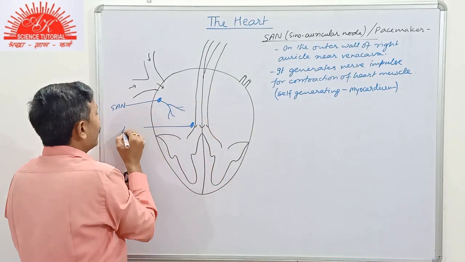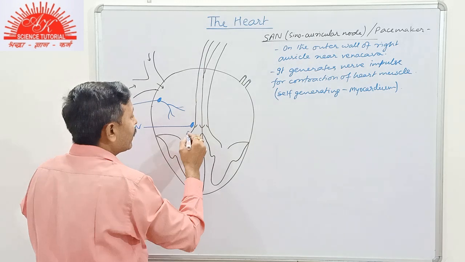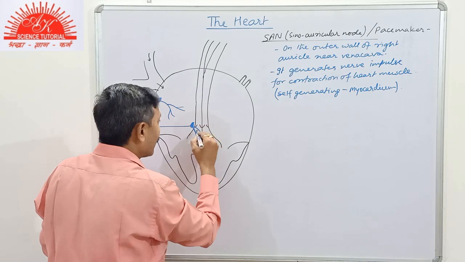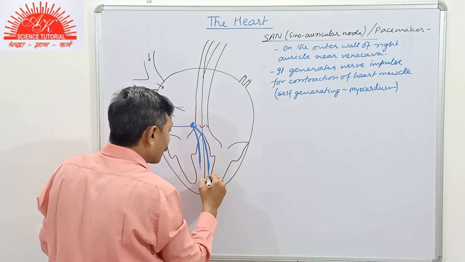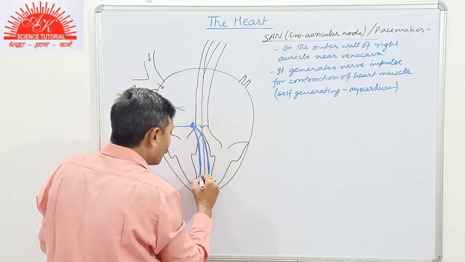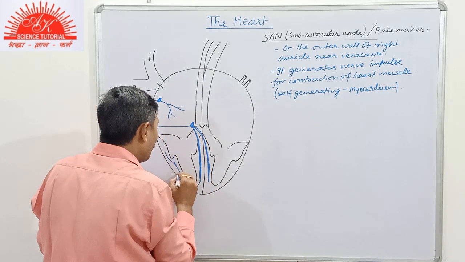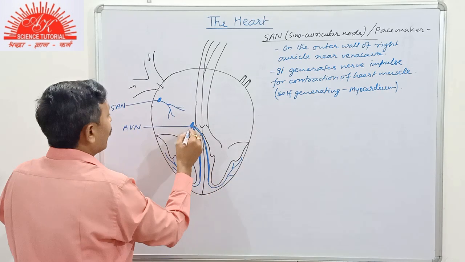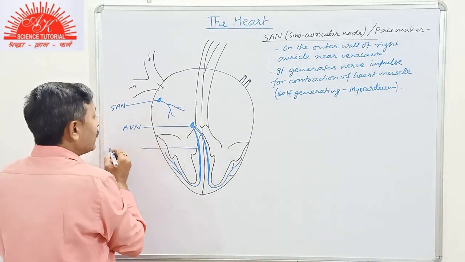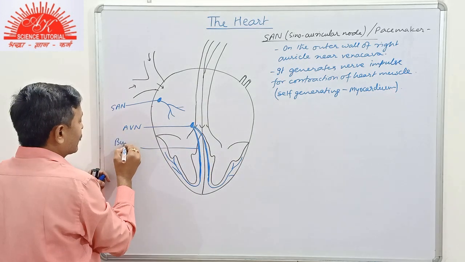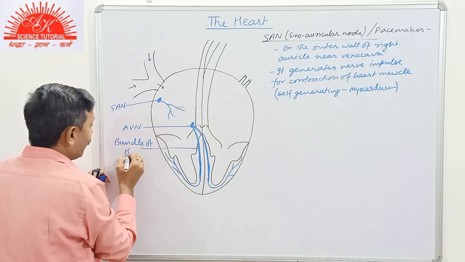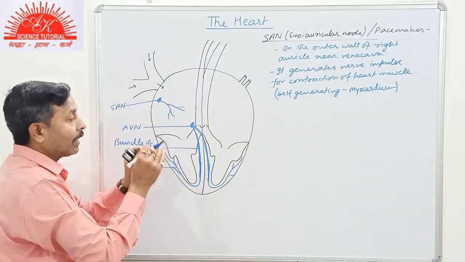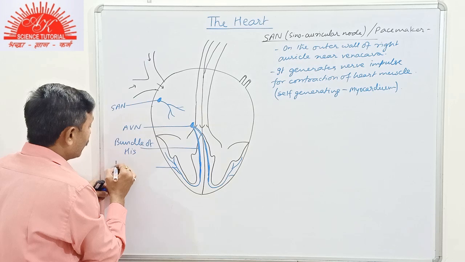Here this is called AVN, that is atrioventricular node, from which the two bundles of nerve fibers arise and pass into the middle wall of the ventricle, from which some nerve fibers again arise in the outer wall of the ventricle. Now these are called bundle of His, and the nerve fiber arising from it in the outer wall of the ventricle is called Purkinje fiber.